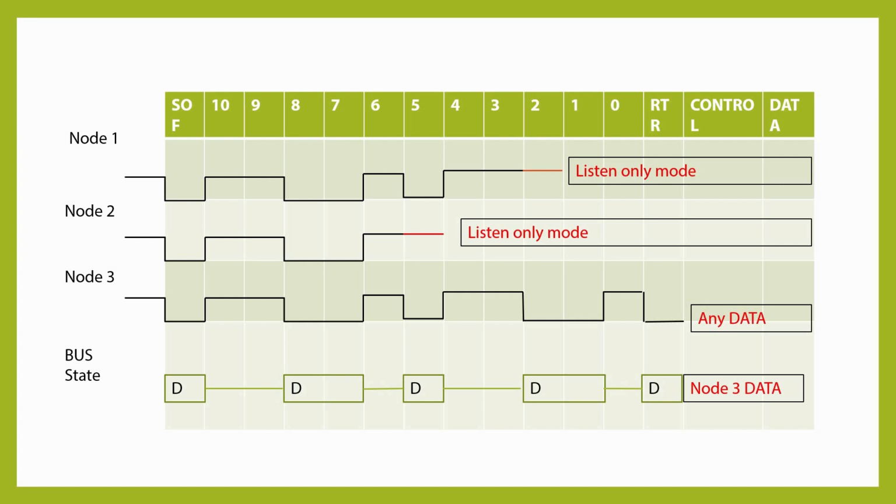This is how the controllers in every node, because this is a multi-master system and each node calculates this, determine whether they have a say in the bus or not. If they don't have a say, they go into listen only mode and wait till the bus becomes idle again.